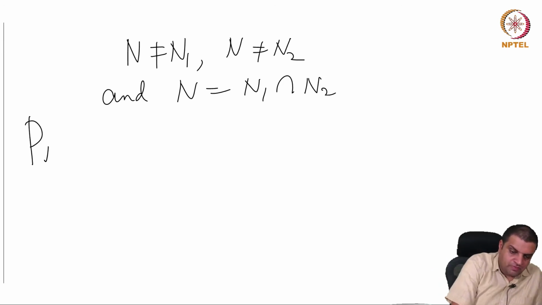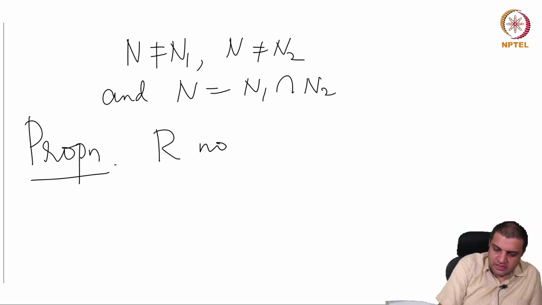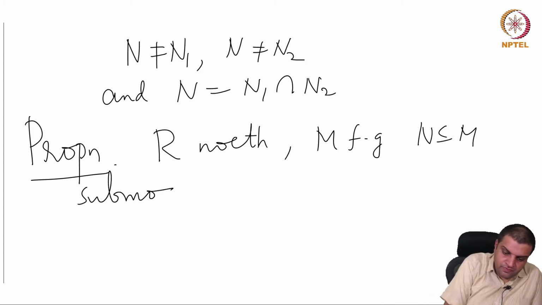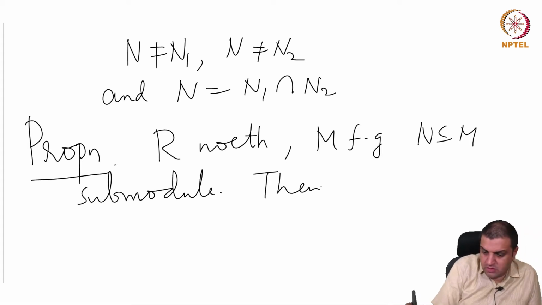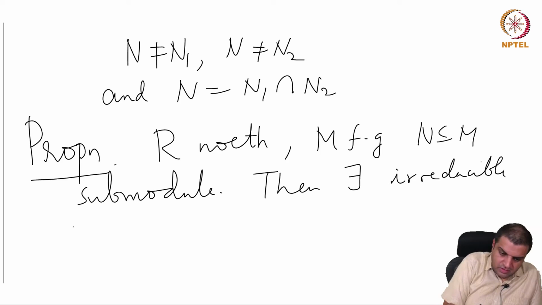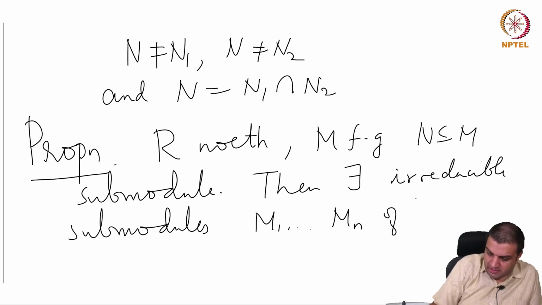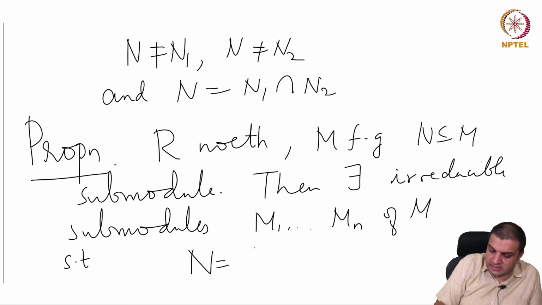Okay, so proposition. Let's assume R Noetherian, M finitely generated, N inside M a submodule. Then there exist irreducible submodules M1 through Mn of M such that N is their intersection.